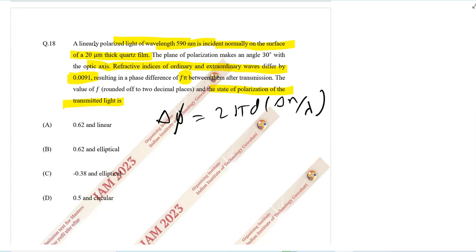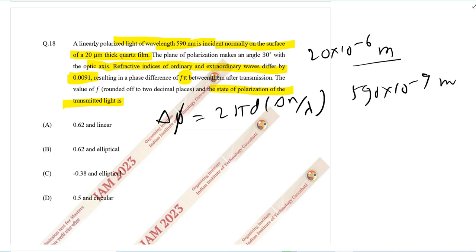So where d is the thickness of the film, delta n is the difference of the refractive indices of the ordinary and extraordinary axis, lambda is the wavelength of the light. So given the thickness of the quartz film is 20 mm. Okay, so 20 mm का मतलब है 20 into 10 to the power minus 6 meter and wavelength है 590 नैनोमीटर जो है 590 into 10 to the power minus 9 मीटर.